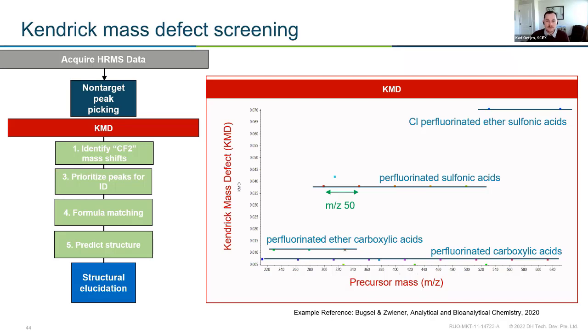And what you'll notice when you do this is that any features that differ by this mass should form a straight line. So we've got some examples here. We've got some perfluorinated sulfonic acids, all falling along the same line, all just differing by that mass of 50. So this is a really nice way for me to go quickly and say, hey, I'm only interested in things that are fluorinated.